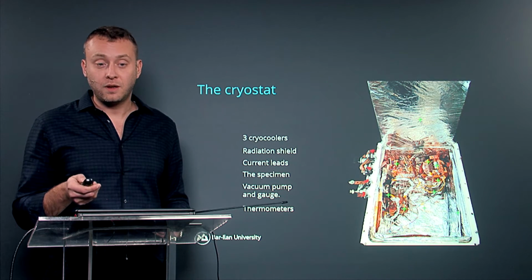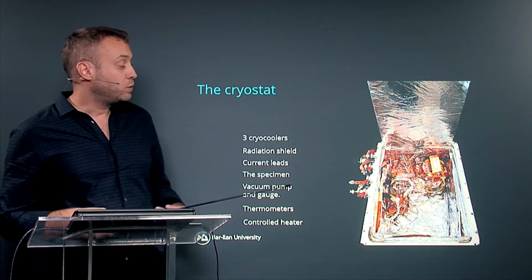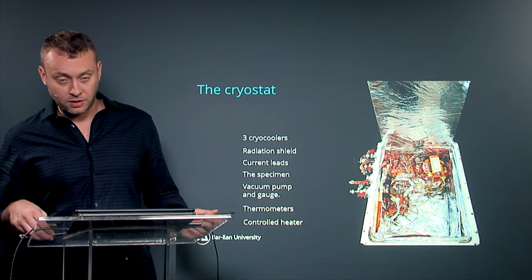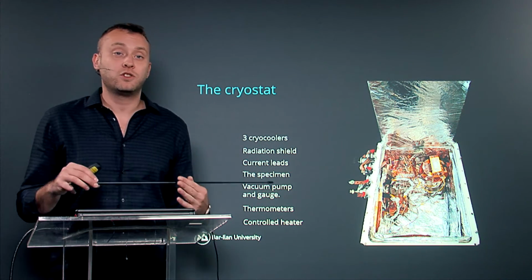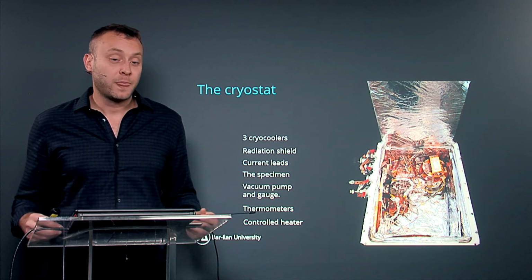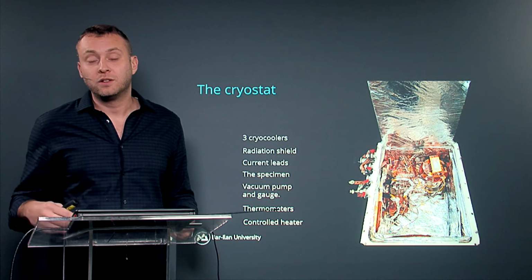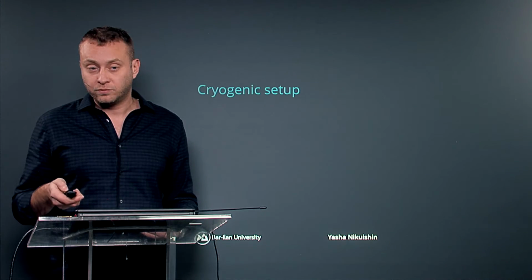And we have a controlled heater because the cryocooler is a non-controllable type of cooling. So if we don't have a heat income, it will reach its lowest temperature, and if we want to change it, we need to heat it to raise the temperature to the desired value.